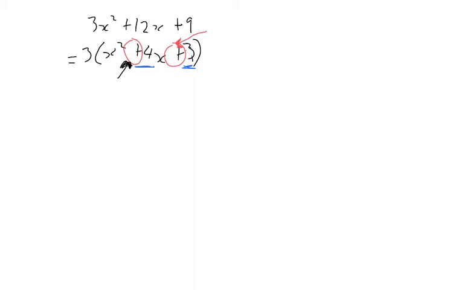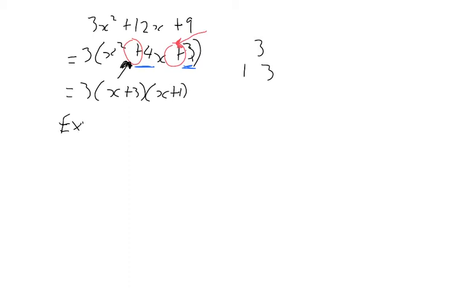So let's look at the factors of 3. The factors of 3 are just 1 and 3. It's a prime number. 3 plus 1 is 4. There we go. So there are our numbers. So it'll be 3, x plus 3, x plus 1. And if you're not sure, you just expand. Have I done this correctly? I'm not sure. Let me just see. So let's expand now.